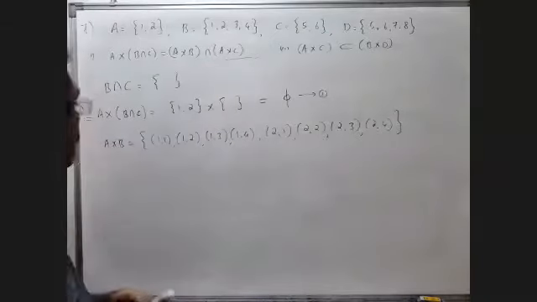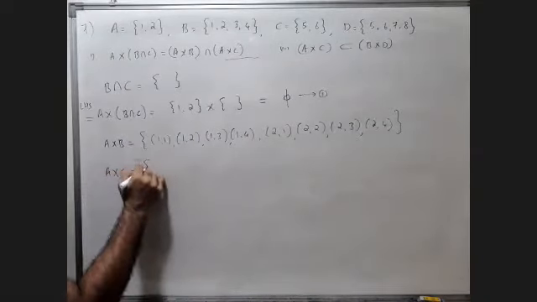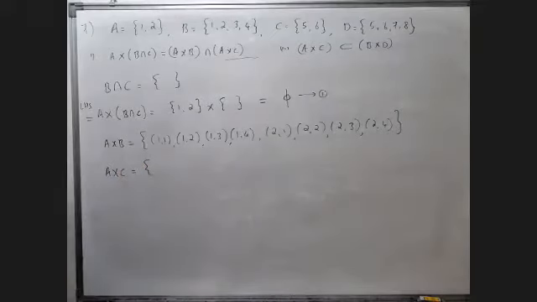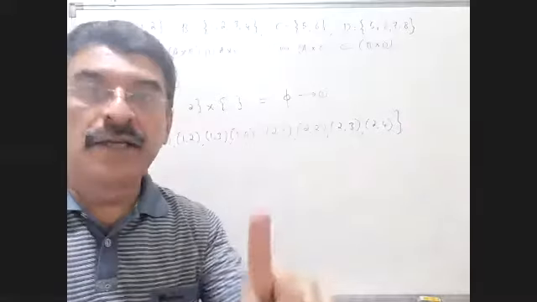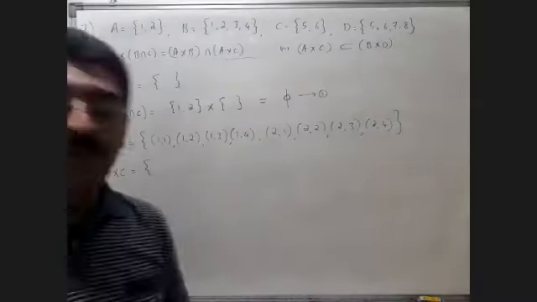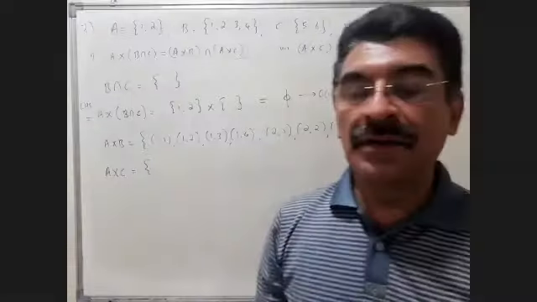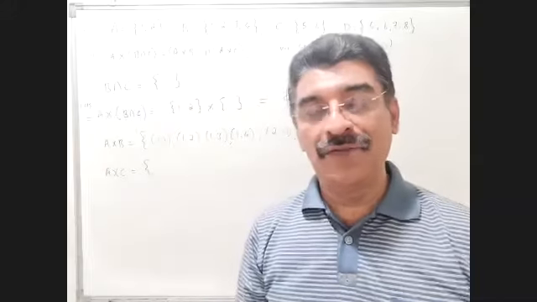Now we need A cross C. A cross C also again. Take the first element in A, pair it with each. Listen to everything very, very carefully.